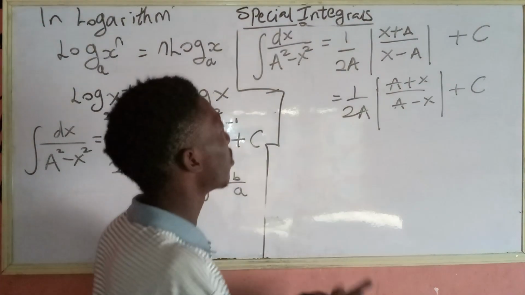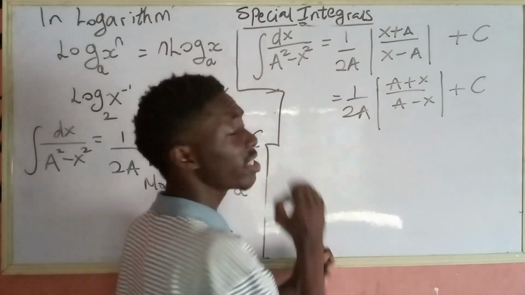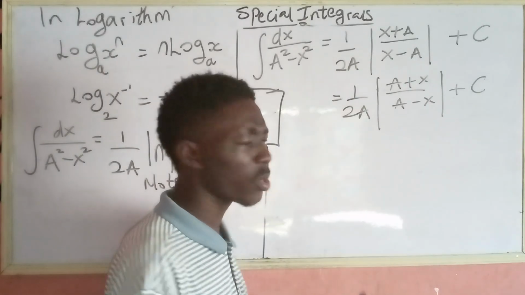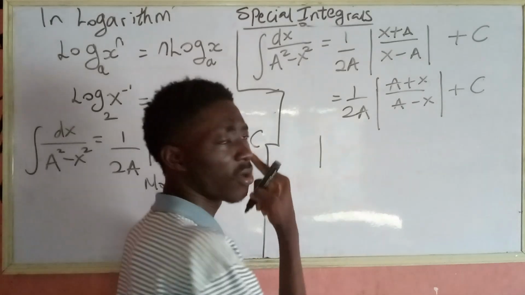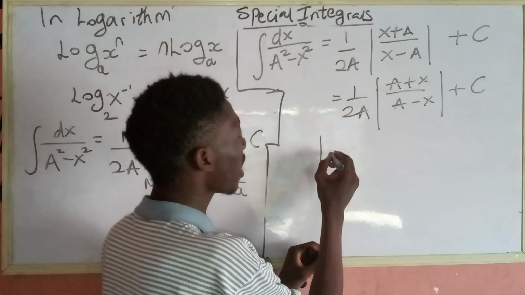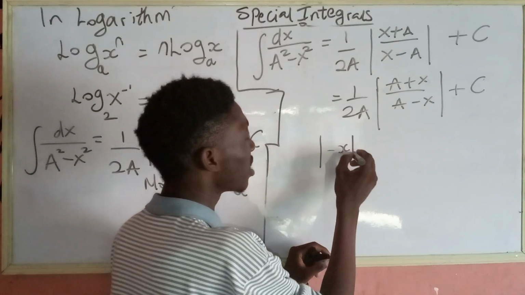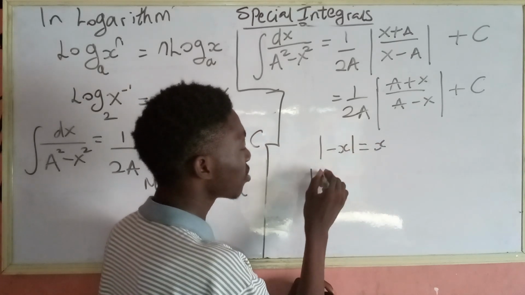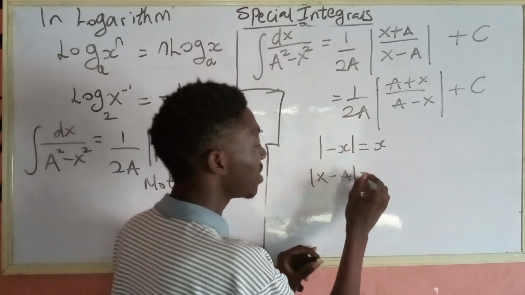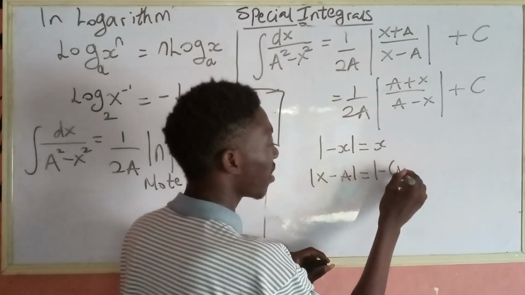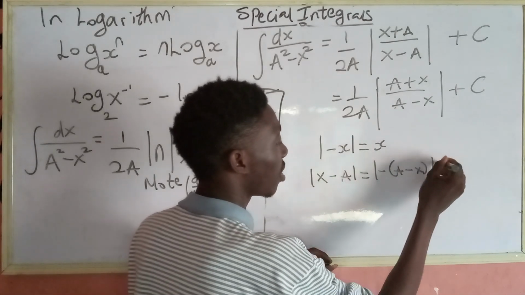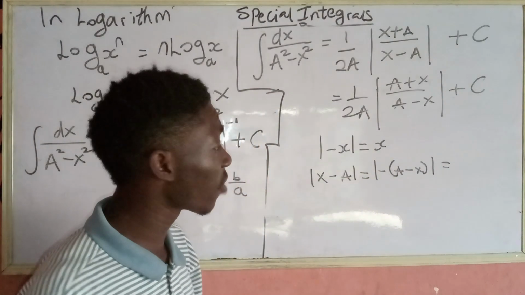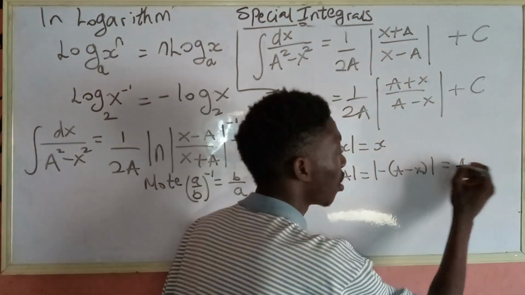Because when we talk about the absolute function, the absolute of a negative number is always equal to the positive number. Are you getting me? So the absolute of x minus a is the same as when I have a minus x. And the absolute of minus of a number is that same number.